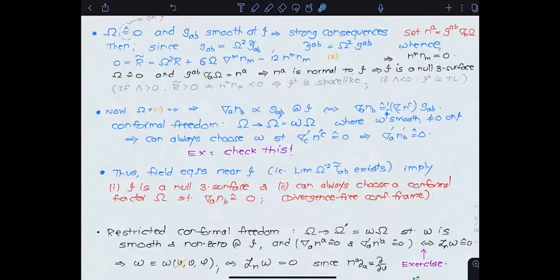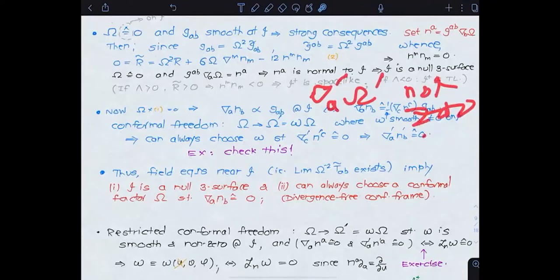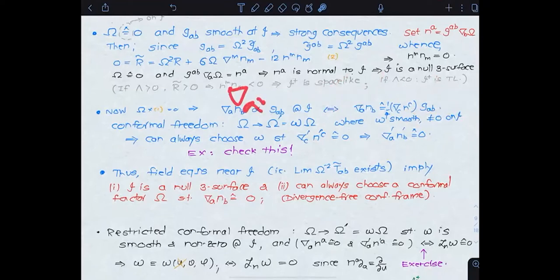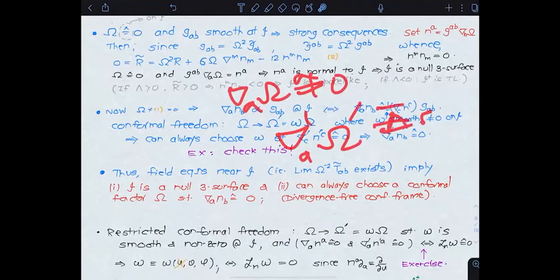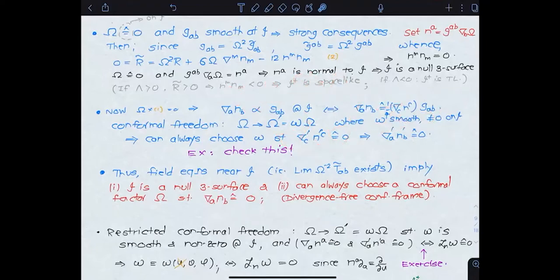And now what we need is that this little omega is smooth and not equal to 0 at scri. This will guarantee that grad'_A omega' is not 0 at scri. So if grad omega is not equal to 0 at scri, then grad'_A omega' is also not equal to 0 at scri. And that is guaranteed if little omega does not vanish at scri.